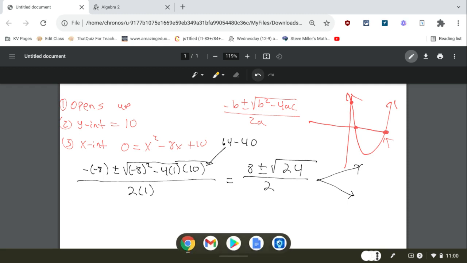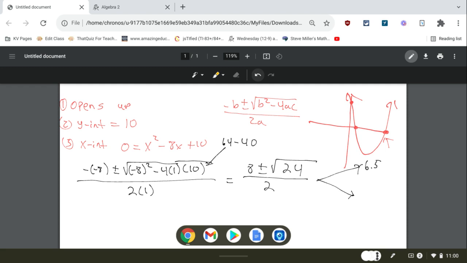Okay, let me figure. Oh, actually, I think I closed that out. Well, I'll do it on my calculator at home, I guess. 8 plus root 24, all divided by 2. The positive version is going to give me 6.45.